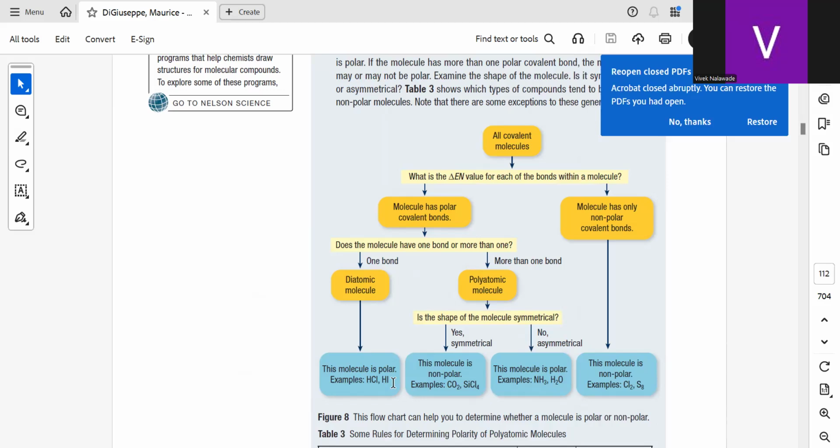Clear? Yes, sir. Now, if it is more than one bond, a polyatomic molecule, then we look into the shape. Is the shape symmetrical? If yes, then it becomes nonpolar, which means London dispersion. But if it is asymmetrical, then the molecule is polar.